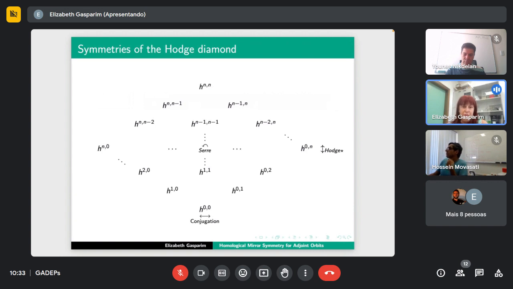If we have the Hodge diamond of a smooth projective variety, then such a diamond has 3 symmetries: Hodge duality, Serre duality, and conjugation, which give symmetries over the horizontal line, the vertical line, and the rotation, so that the entire diamond is determined by this one red corner depicted here by reflections and so on. So these are the classical symmetries of the Hodge diamond of a smooth projective variety.